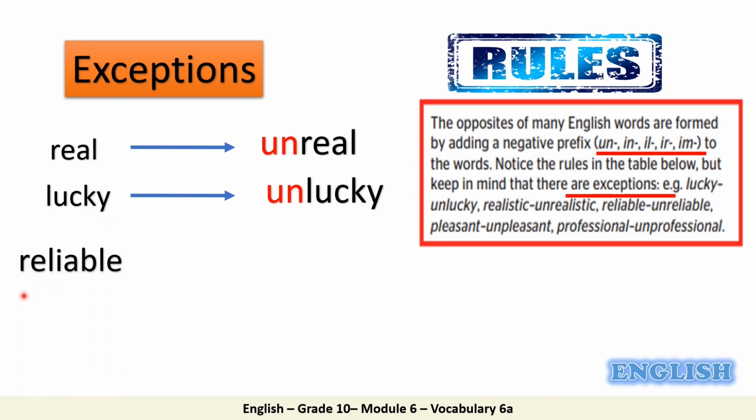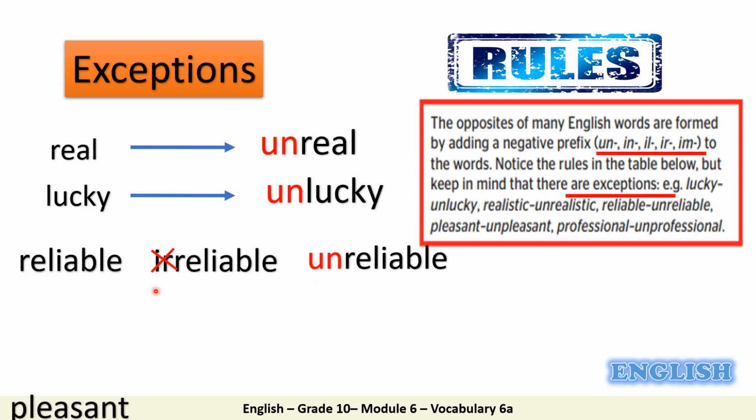Also, we have here reliable. The initial letter is R. So can you think of the opposite of this word? And what is the suitable prefix here? That's correct. I can't say irreliable, but the correct one is unreliable.